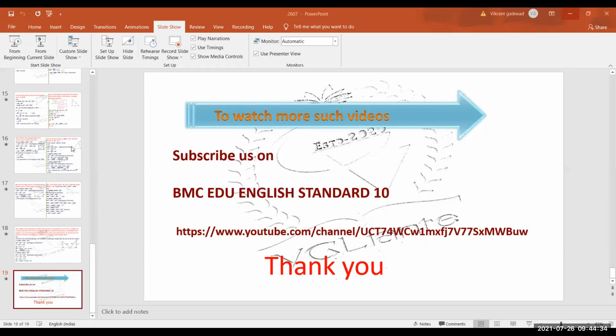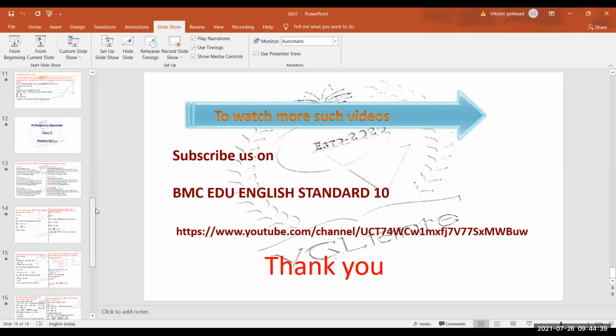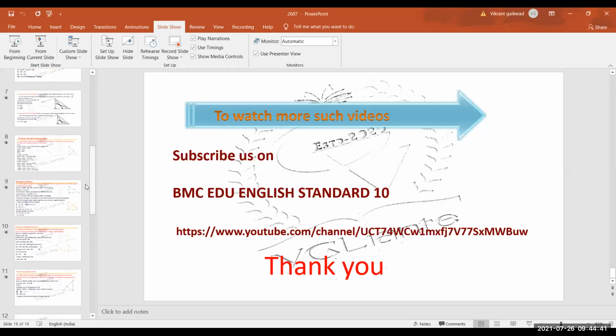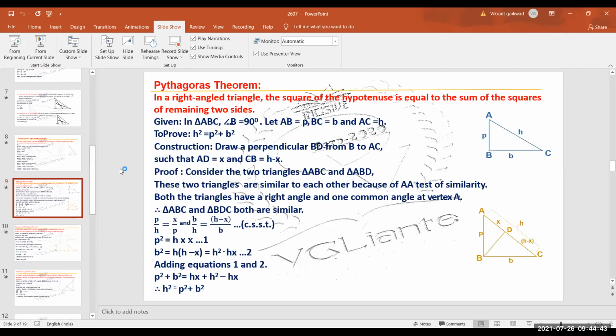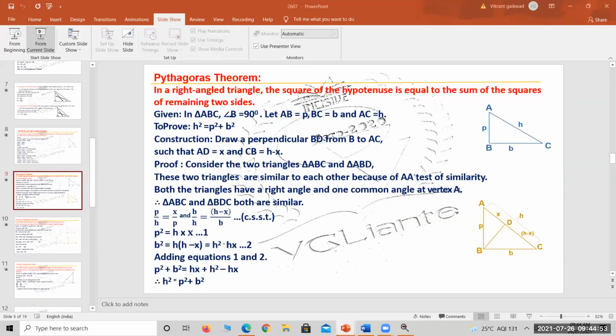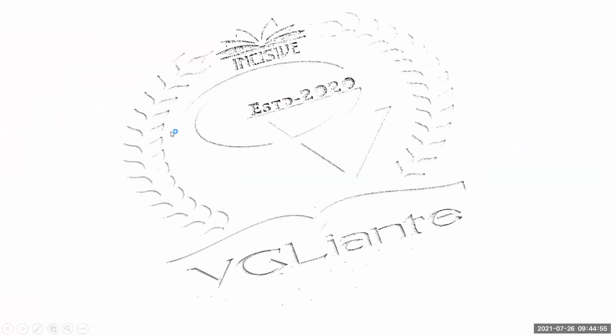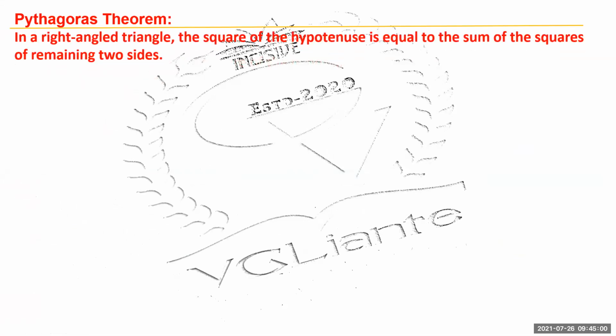Okay, now we'll just revise the Pythagoras theorem. So it's very simple. In a right angle triangle, the square of the hypotenuse is equal to the sum of the squares of the remaining two sides.